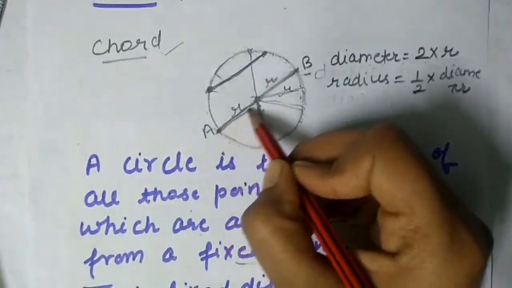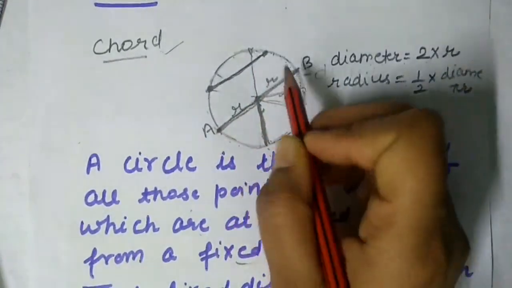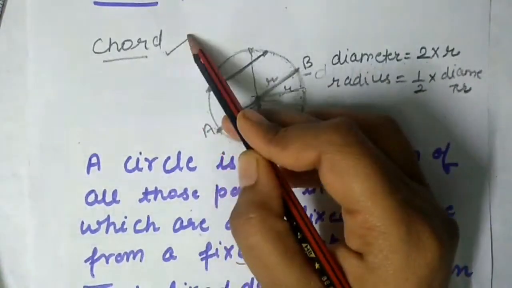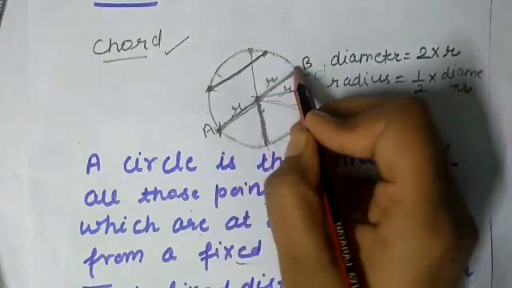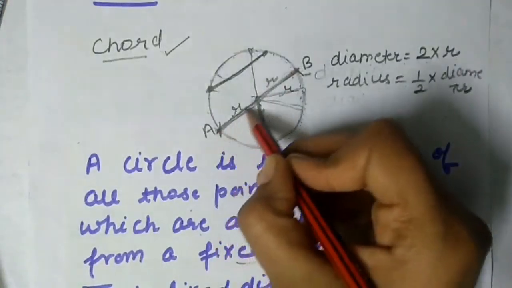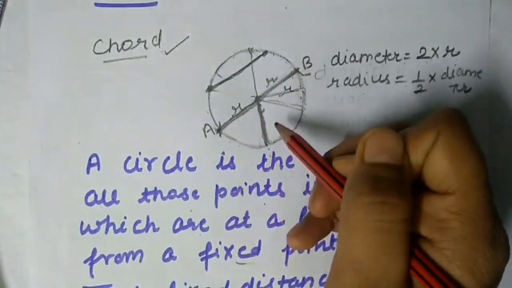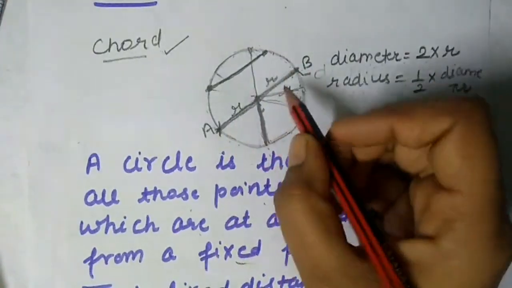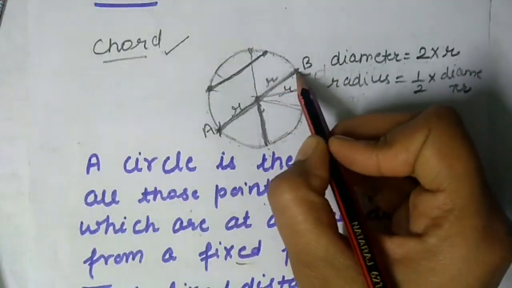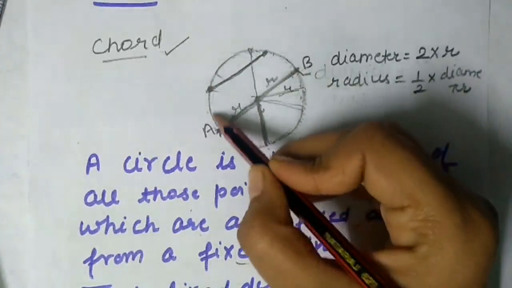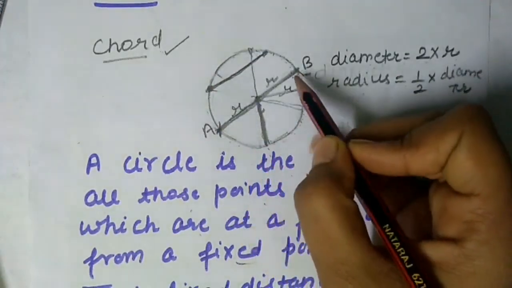Now the diameter is also a chord because it satisfies the definition of a chord as it touches 2 points of the circle. And the diameter is the largest chord. Now the next thing is circumference. As we know, circumference is the length of the boundary.